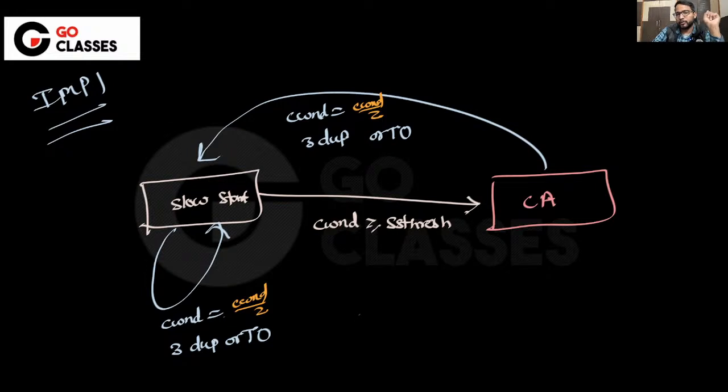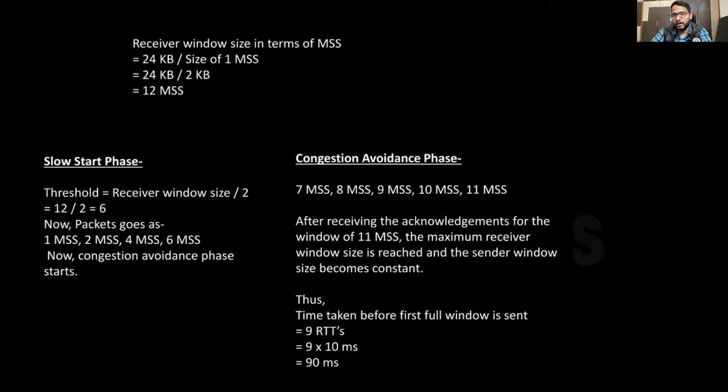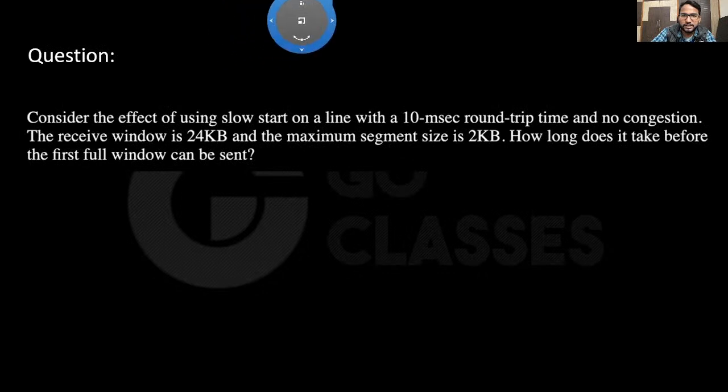Now let me ask you one question, and I'm almost sure that you are going to give it a wrong answer. Let's just fire one question and see how many of you can answer it. Till now you just know one thing, that if there is congestion, you always go to slow start, right?